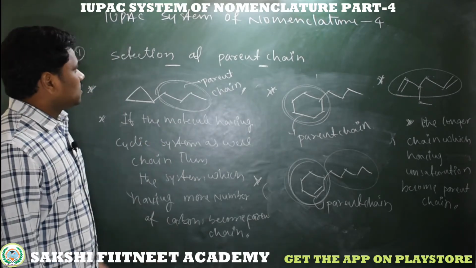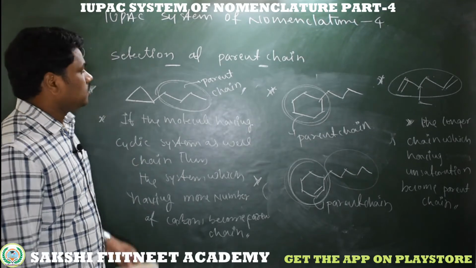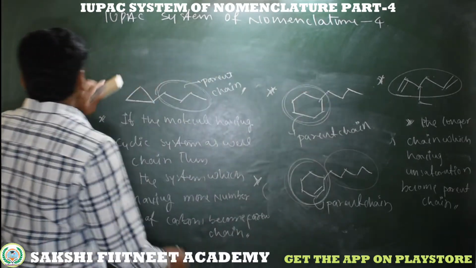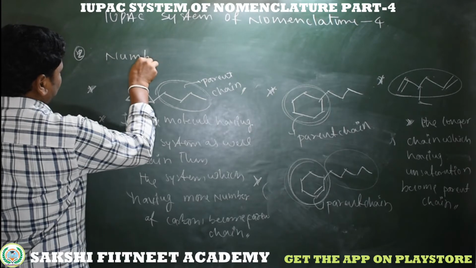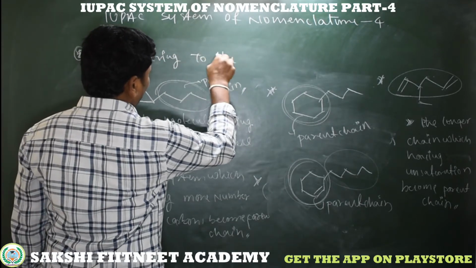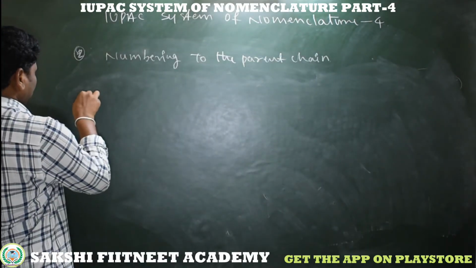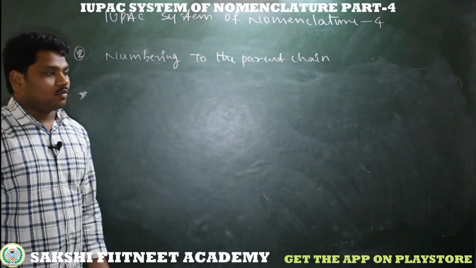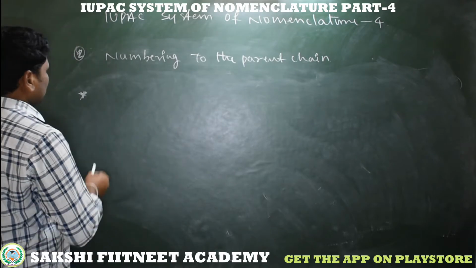Now we will discuss how to give numbering to the parent chain. So here I am taking the second rule, that is numbering of the parent chain. See, this is very important. Here also I am taking different types of molecules. Based on the molecule, how can we start numbering?